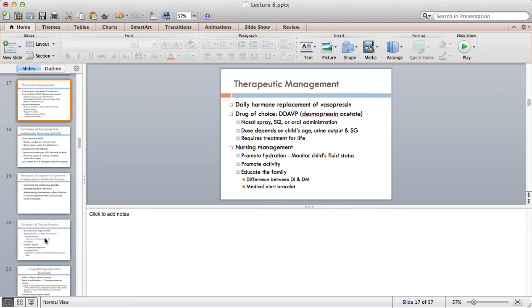Again, we need to monitor the child's urine output. If a child is voiding equal to or more than 1,000 milliliters of urine per hour for 2 times, you must notify the physician.